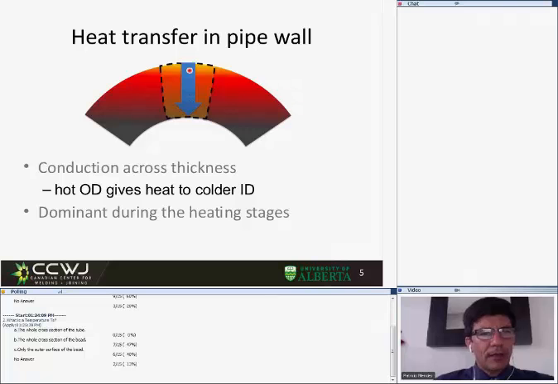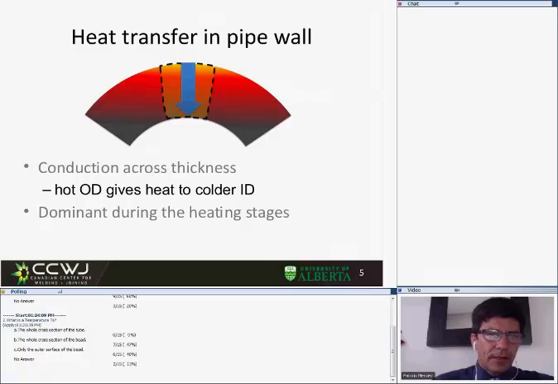And if we have a full electrical reference depth that covers the whole thickness, still the outer surface of the tube, just being closer to the inductor, is going to get hotter. So the outside is always hotter, whether it's skin effect or proximity to the inductor.